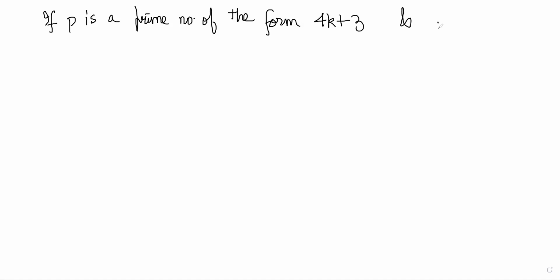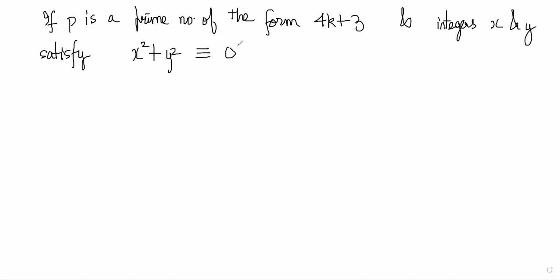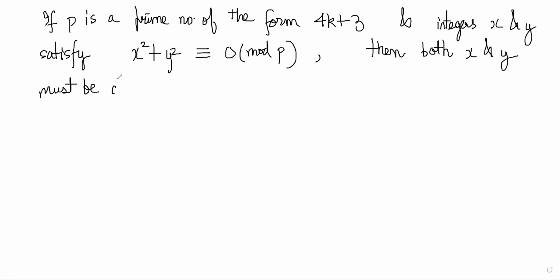So another way to say it is, if p is a prime number of the form 4k plus 3 and integers x and y satisfy x square plus y square is congruent to 0 mod p, then both x and y must be divisible by p. This is saying the theorem in a different way.